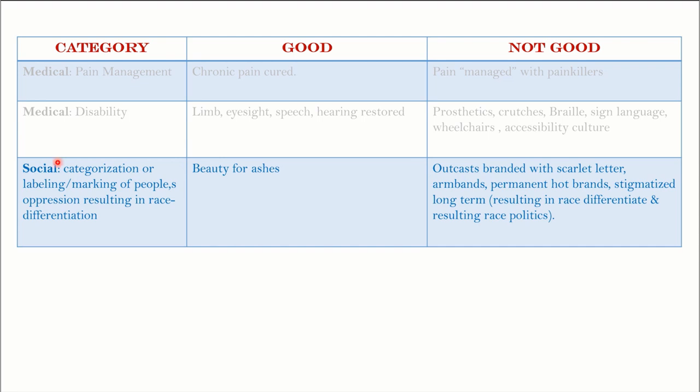The next area is a social or human area, which is in need of reform and successful management. It is the area that deals with race creation or race harm. Presently and in the past, people are often stigmatized and they're branded with hot brands and their skin darkened and their features softened and their hair darkened and curled as punishment.